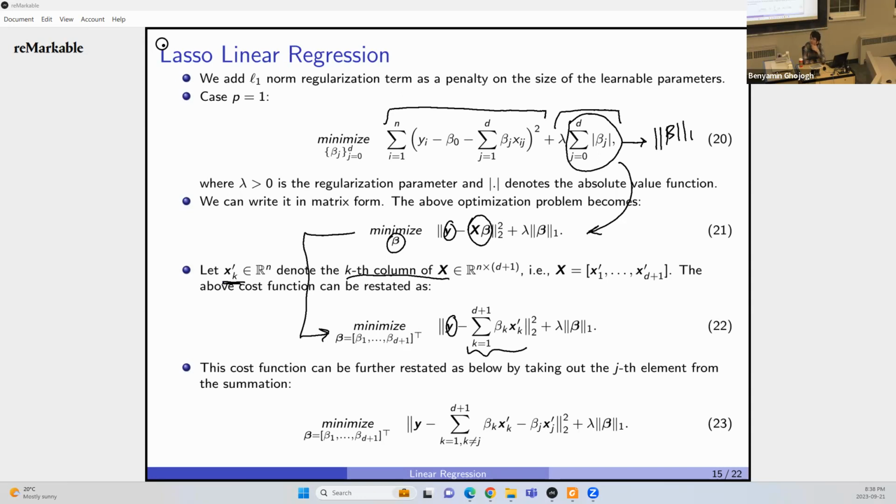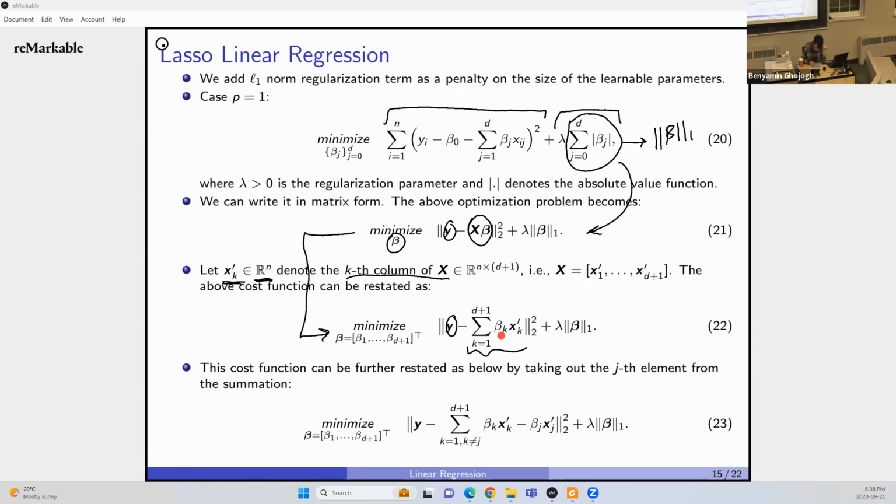Why do I use prime for it? Because x without prime is like the data point, which are the rows of x. Now I'm considering the columns of x, the features of data. Agreed? And you agree that it's an n-dimensional vector because it's a kth column and I have n rows.